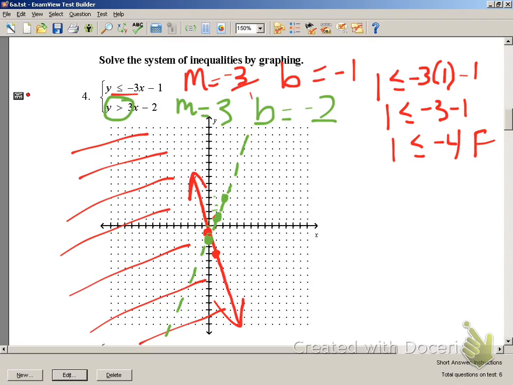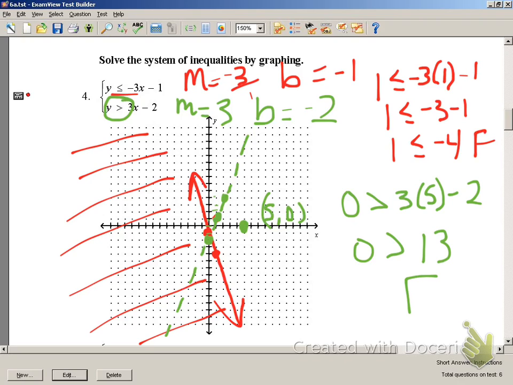So I'm going to choose this point right here. That is 5, 0 as my test point. So as I plug that in, 0 greater than 3 times 5 minus 2. Is 0 greater than 13? That is false. So that means that I have to shade everything on this side of my green line.